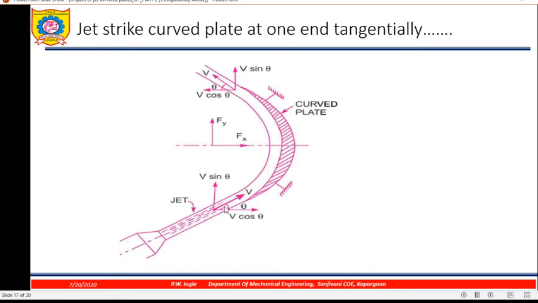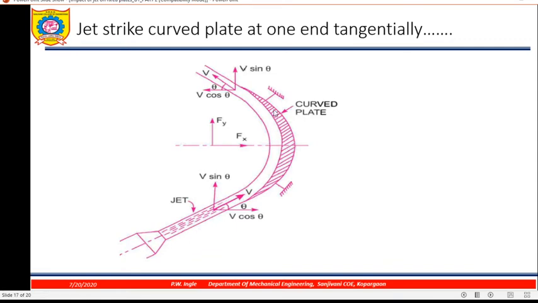Now this is the case of a fixed curved plate in which water enters in a tangential direction. In the previous case the impact was at the center, so the initial velocity was in a horizontal direction. Now this velocity will have some angle theta, so it has two components, v cos theta and v sin theta.